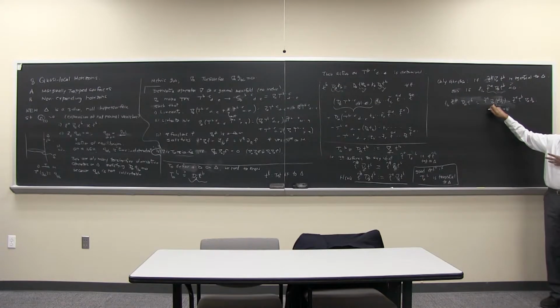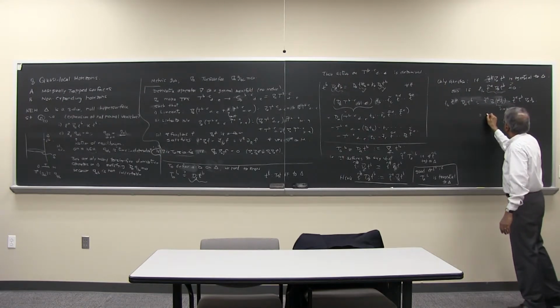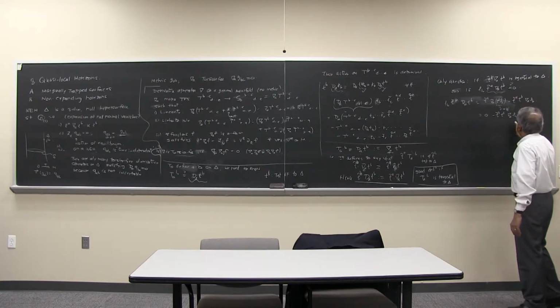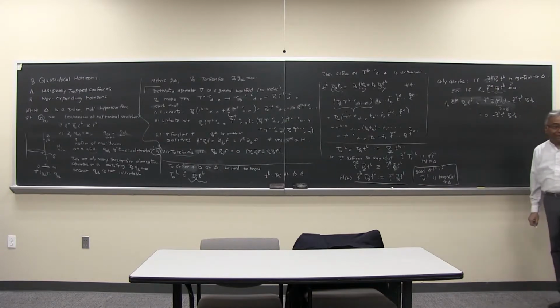That does not mean that its gradient is 0, because a function can be 0 but its derivative may not be 0. But we are only contracting in the direction of delta, and this quantity is 0 on delta completely. So if I contract in any direction within delta, then of course this is again 0. So the statement is that this is equal to 0 minus T tilde I B grad A LB. Right? That's what we get.